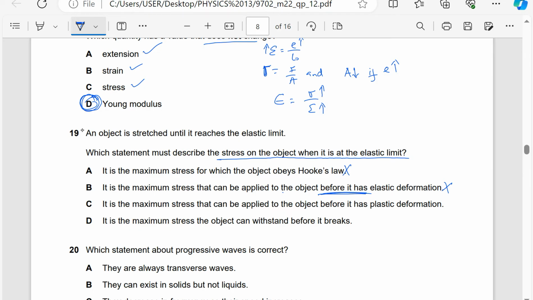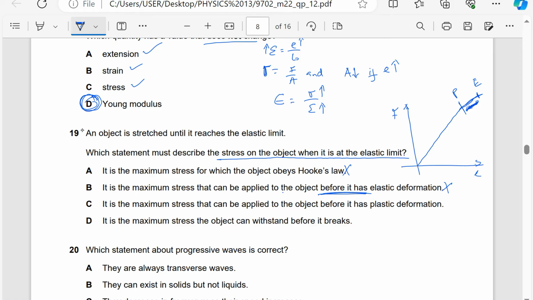So maybe I can sketch a graph of force against extension. If this is a straight line, maybe then it changes. So here, Hooke's law stops at the proportionality limit, then the elastic limit is slightly beyond. In this part, the material can still go back to its original length, but Hooke's law is no longer obeyed.